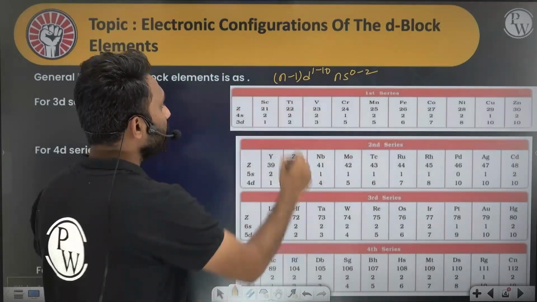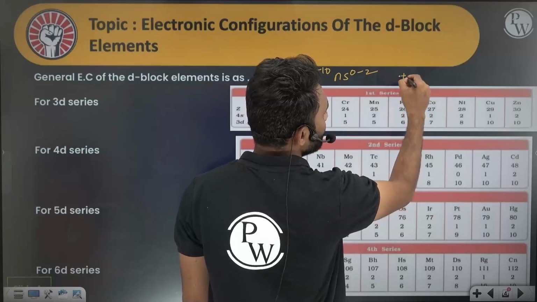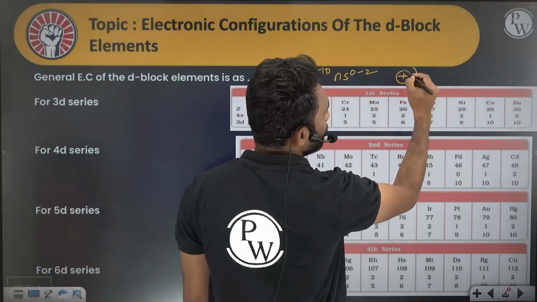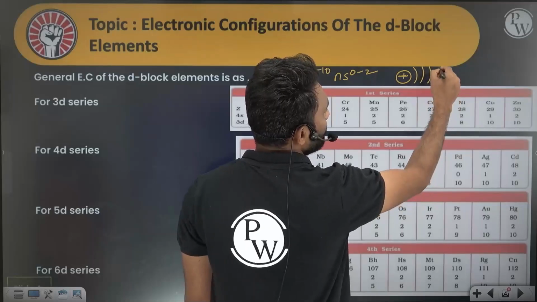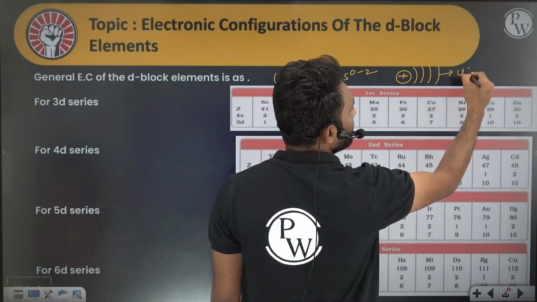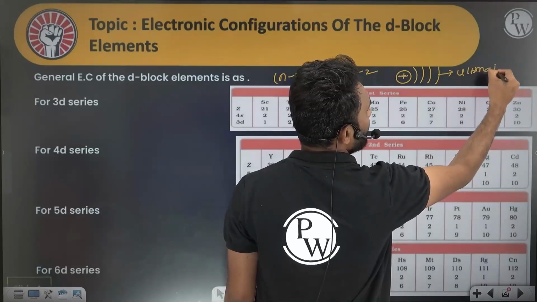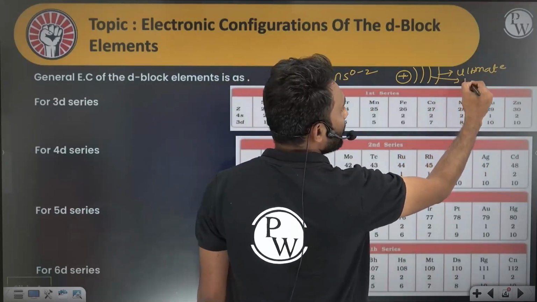This is the penultimate shell. This is the nucleus. This is the first shell, this is the second shell, this is the third shell, this is the fourth shell. This is the ultimate shell or valency shell. Now this will be the penultimate shell.